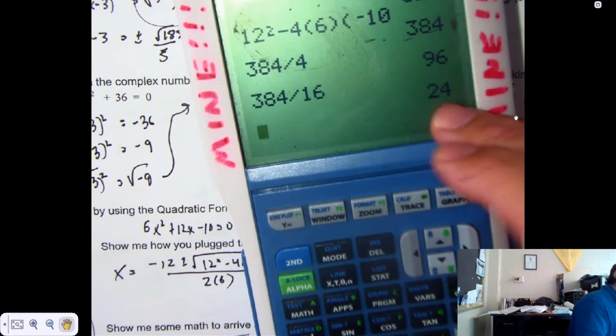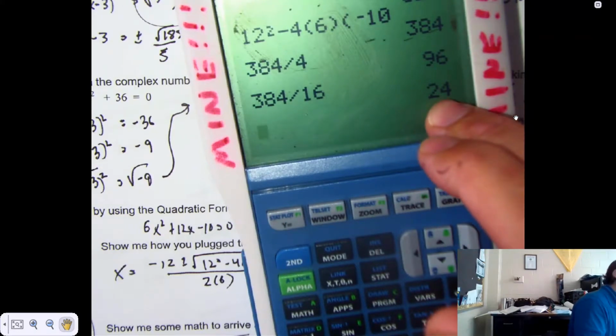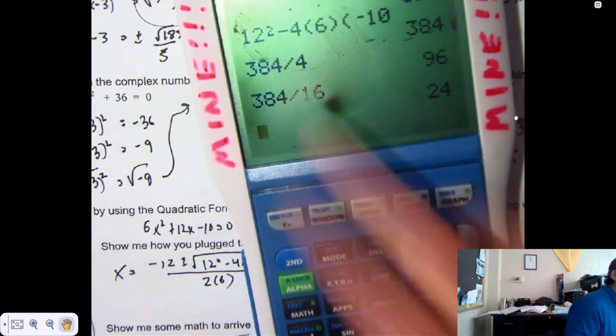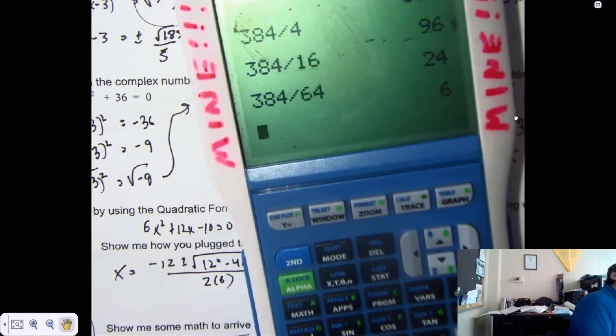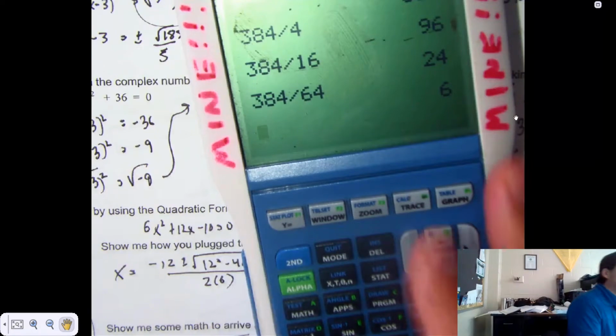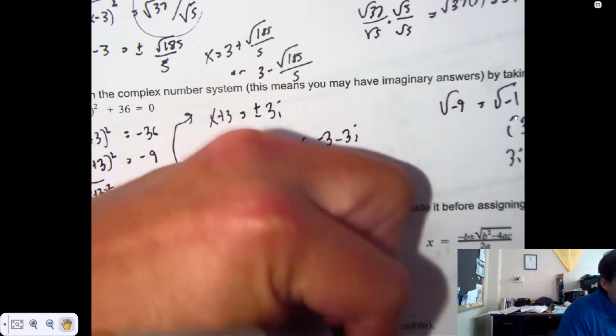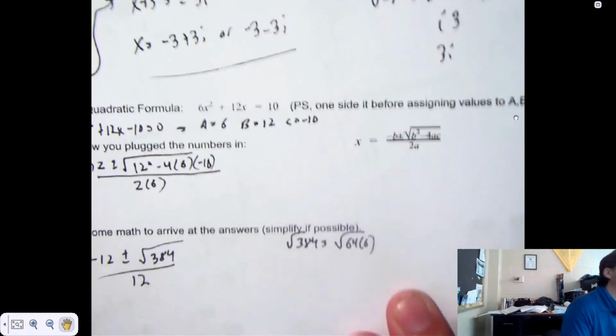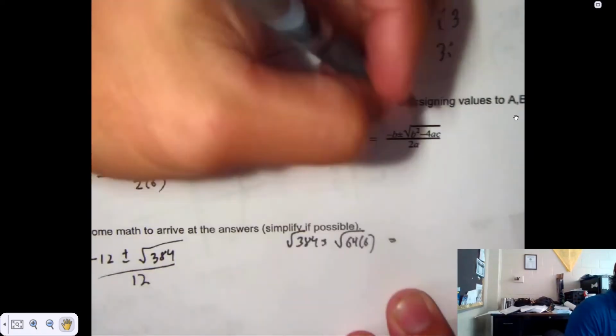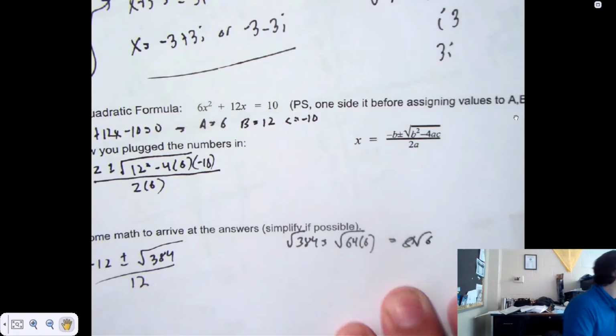Because 4 enters 24 4 times, and 4 times 16 is 64. So I'm going to break it down into 64 times 6. I'm going to do that off to the side. The root of 384 is the root of 64 sixes. And the root of that 64 is what? 8.